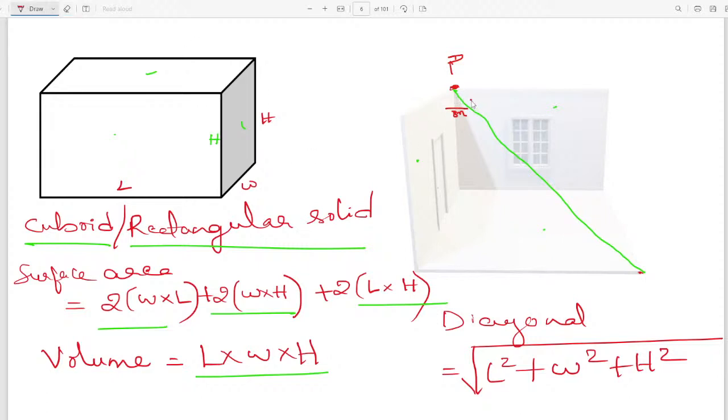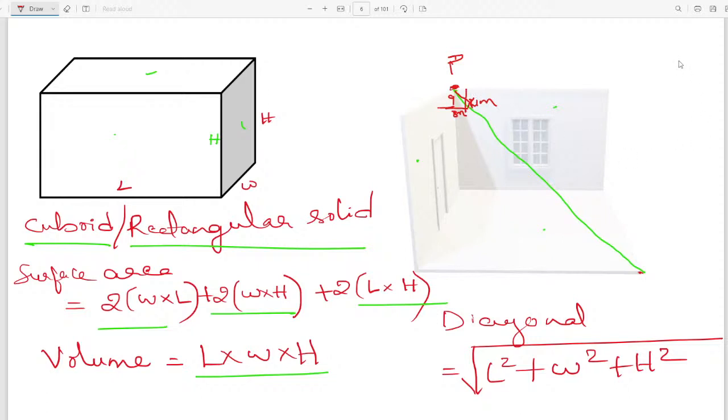So from this wall, it is 1 meter. From this wall, this is 8 meters. From this wall, this is 1 meter. And from here, it is 9 meters. They are asking from the roof, what is this height?